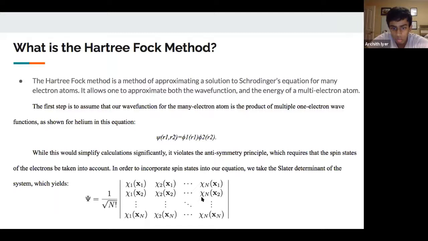This is essentially just a matrix right here, and basically what this does is it incorporates every single spin state, so all the possibilities. For example, electron 1 is a positive spin state and 2 is a minus, and then 2 is a minus and 1 has a plus. There are many combinations. We could get into some counting and probability here, but we're not going to.